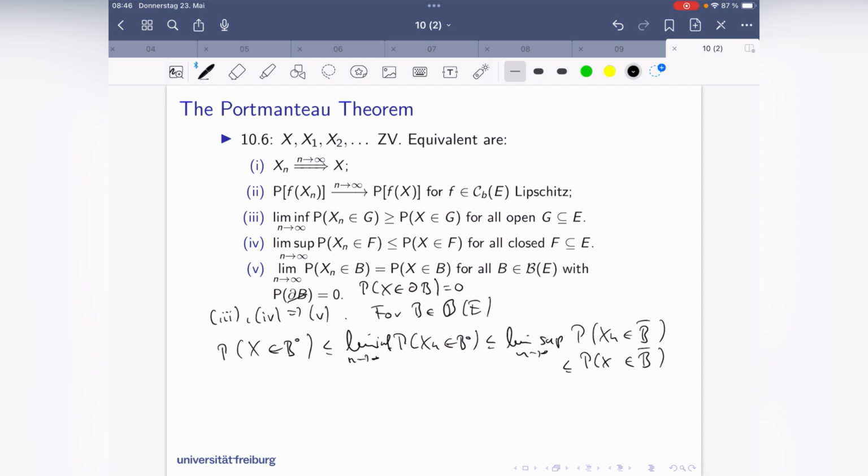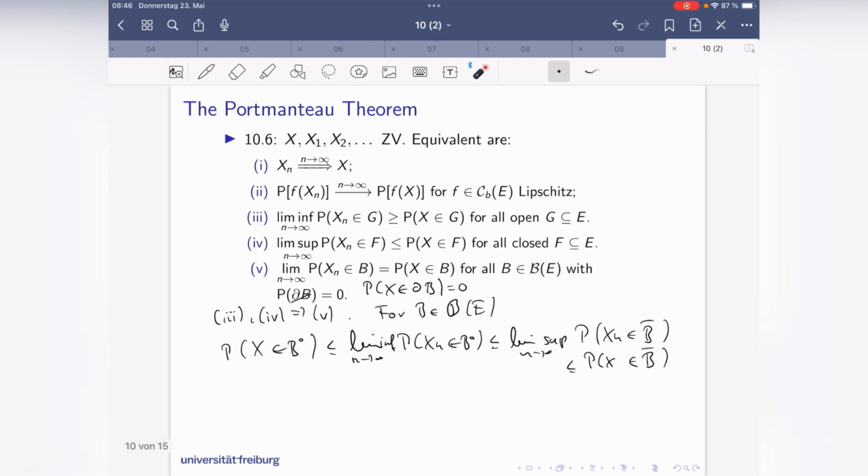Then it makes sense. But the probability that x is in the boundary of B is 0. That means the difference between these two here is 0. So this here is again this, and all equal or less signs become equal signs. And I'm done because that's what I wanted to prove.